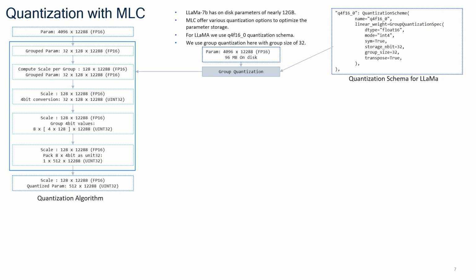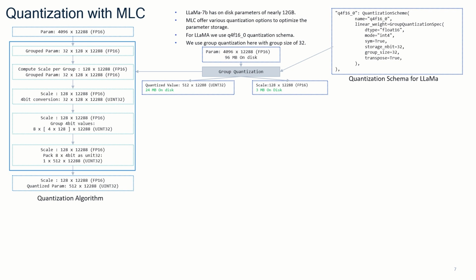Obviously, as you convert from 16-bit to 4-bit, you will have one fourth of it. So technically, your 4096 FP16 values will become 512 of UN32. And every group has a scale, because you need that for dequantization on the target. So the scale will be stored in another parameter.